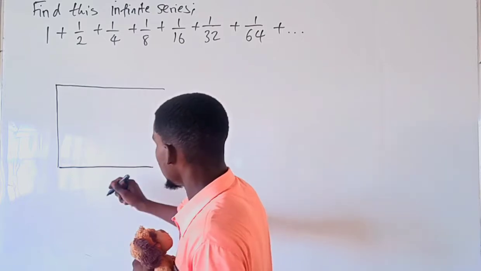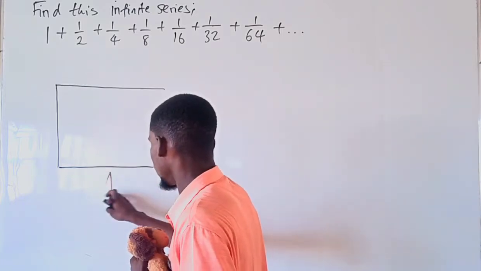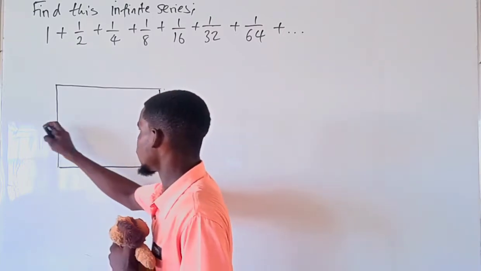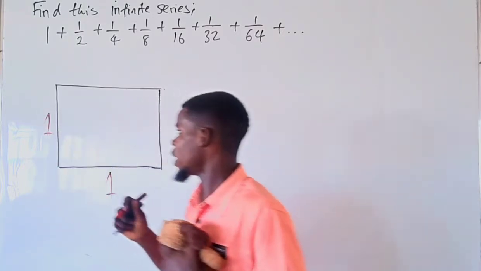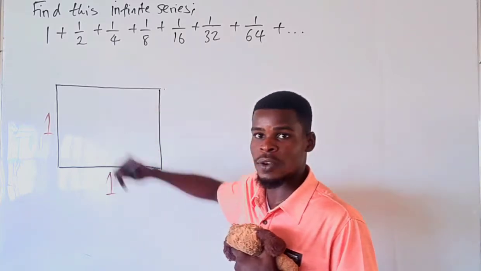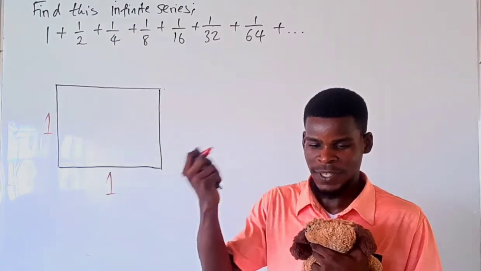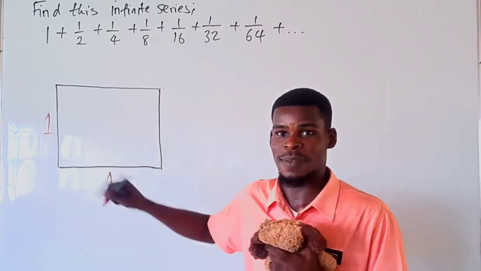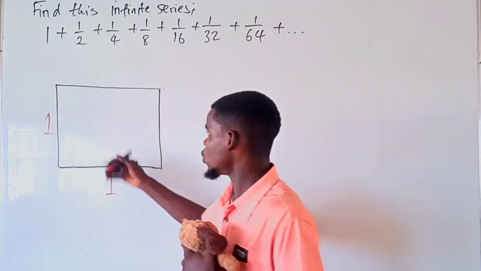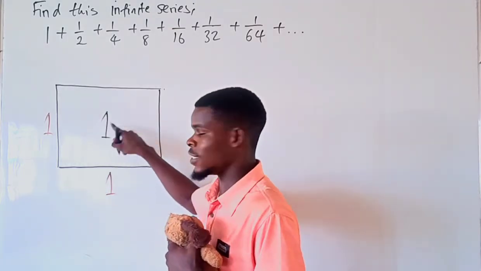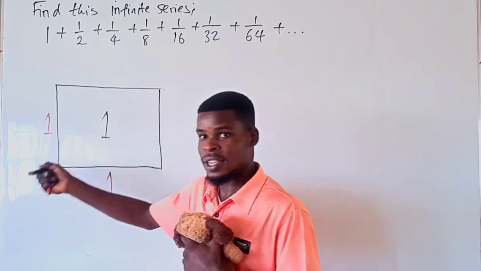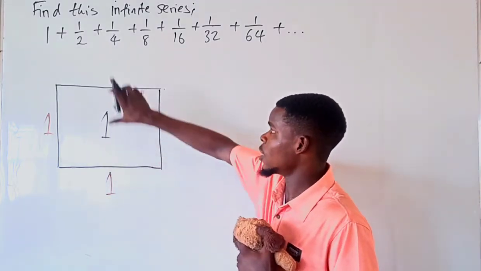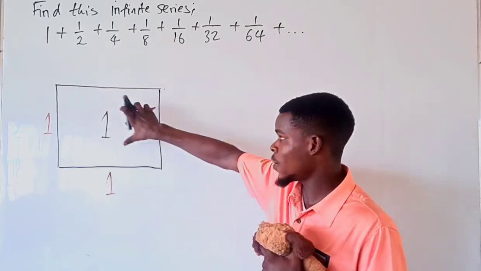Now if we measure here to be 1, the length of this side, and then the length of this side as well, 1, what do we have inside here? We will have a perfect square. To get the area of a square like this, we just take one of the sides and square it, because all the sides are equal. If you square 1, you're just going to have 1. And this one in here is the area, while the red ink, they are the length of the sides. Good. That is for the first part, the first term there. The area there is just 1.